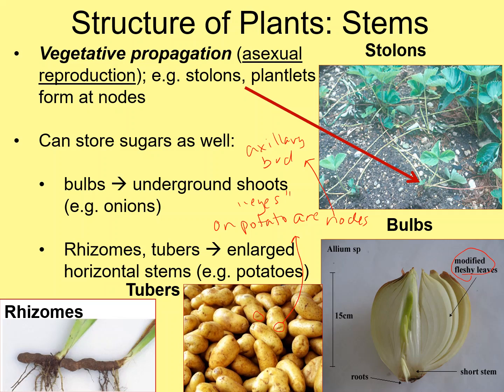Potatoes, you're storing starch, which is basically the plant's version of glycogen for sugar storage purposes. And then, of course, you have asexual reproduction also possible through the stems. You actually have a combination, right? Because these are plantlets. So these are again the axillary buds that are forming along the stem.